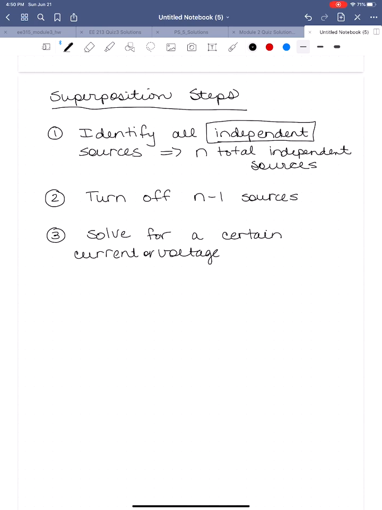Okay, and then we're going to come back up here to step 2, but we're going to turn off a different set of n minus 1 sources. So the goal here is to iterate until each source has been on one time.